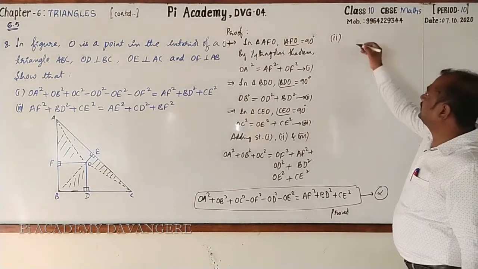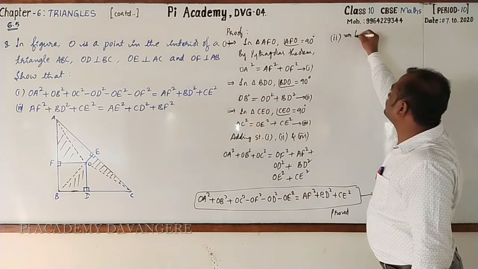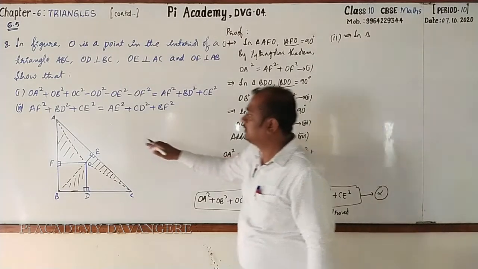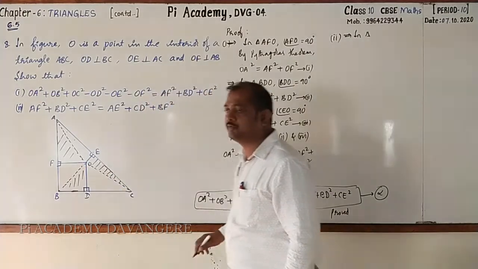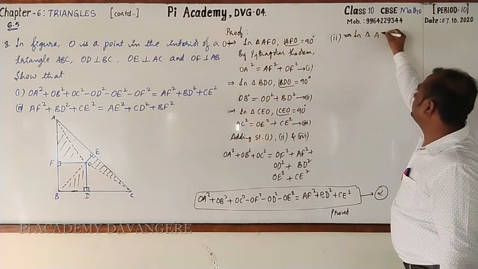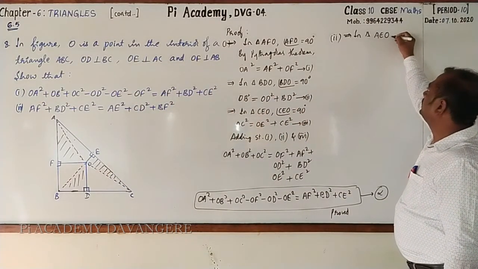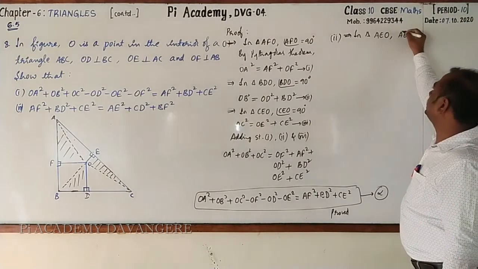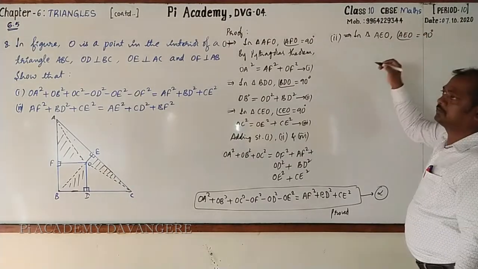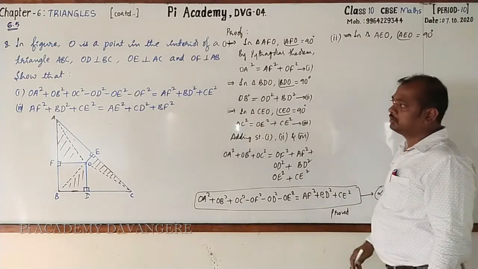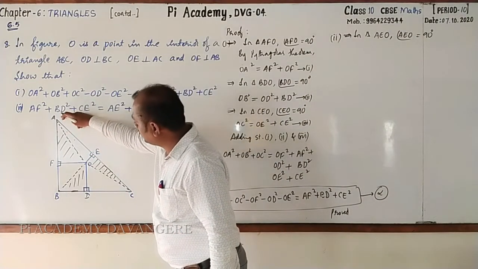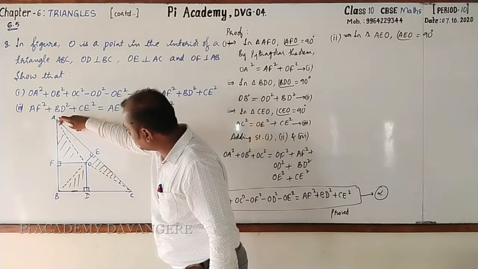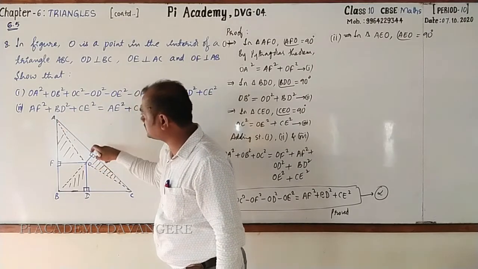Here, start writing. In these unshaded triangles, AEO, this is the first one, angle AEO is 90 degrees. Again use Pythagoras theorem. How do you write? OA square equal to OE square plus AE square.